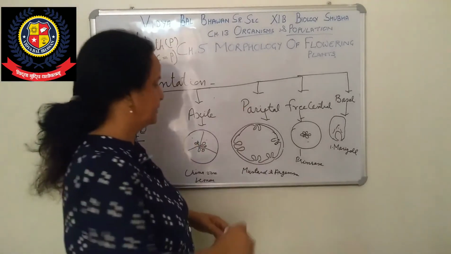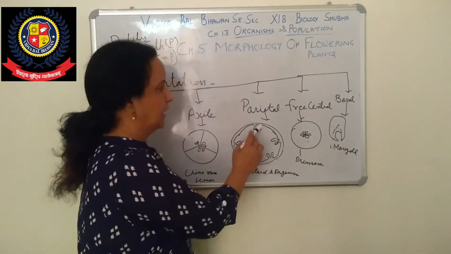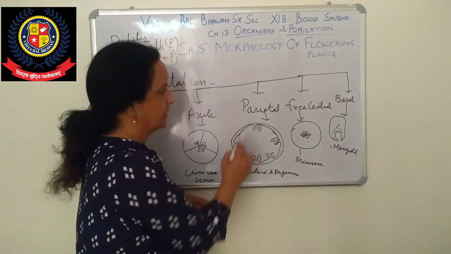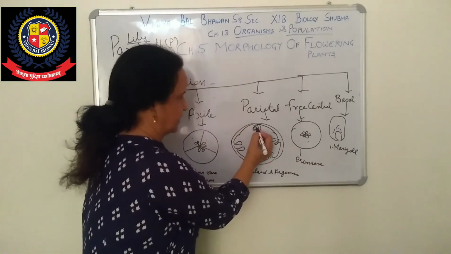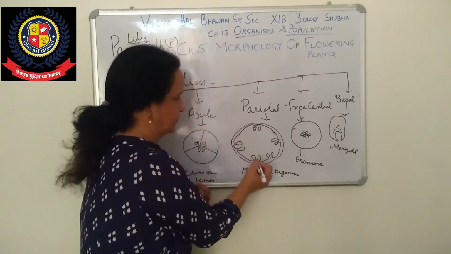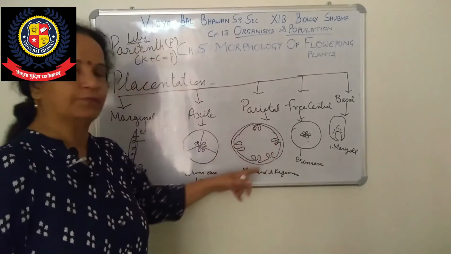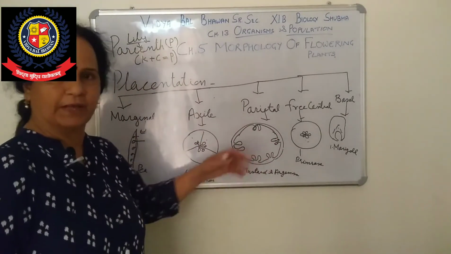In parietal, the ovules are attached at the periphery, on the inner wall, with a false septum dividing it, as in mustard and argemone.